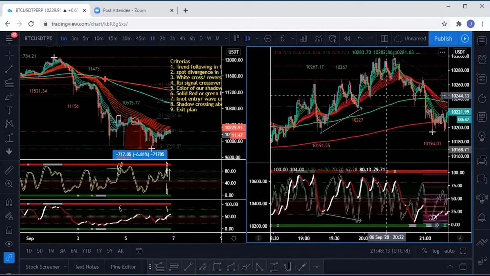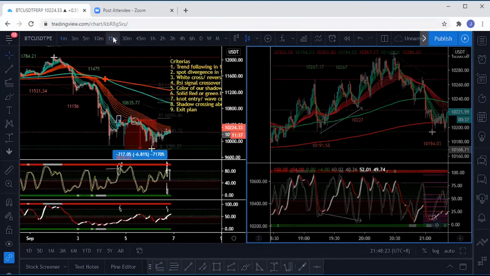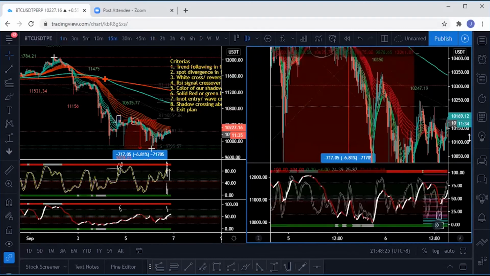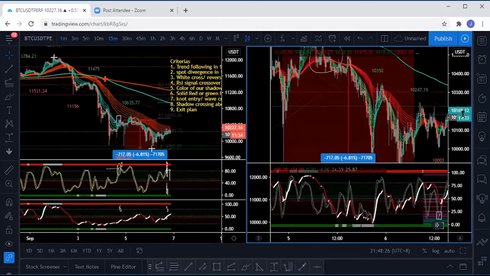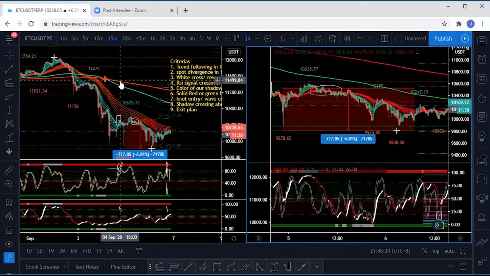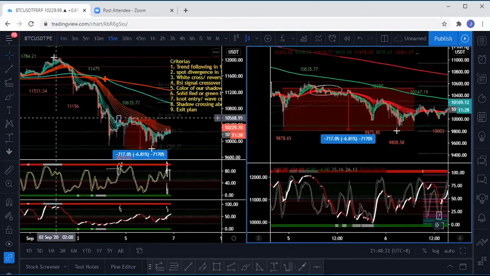This is a swing trade, so what is my exit plan? My exit plan should be a counter divergence in 15 minutes time frame. For example, in 1 hour there is a bearish divergence, so my exit is a bullish divergence in 15 minutes time frame.